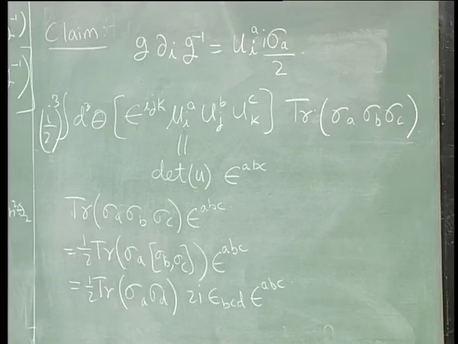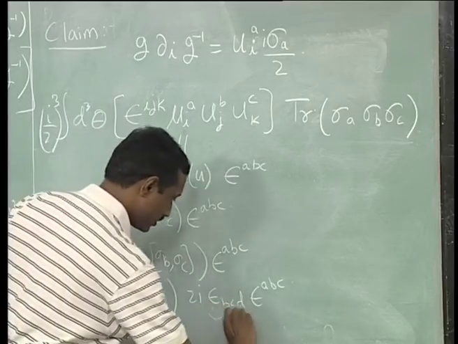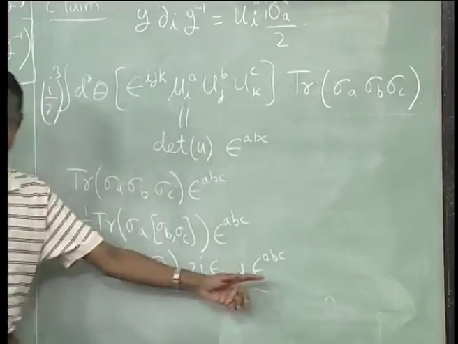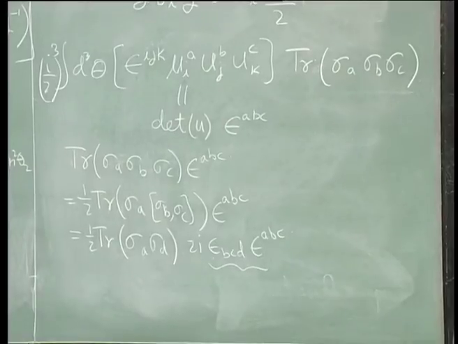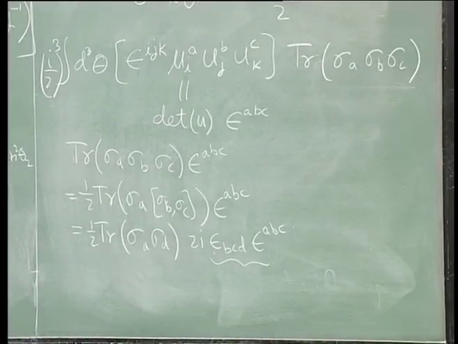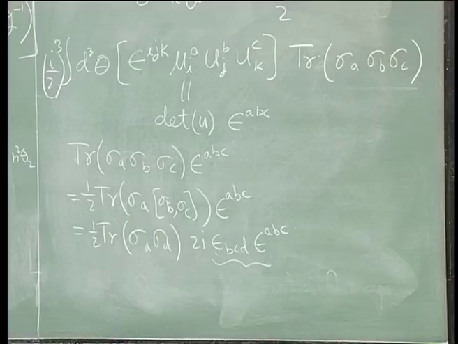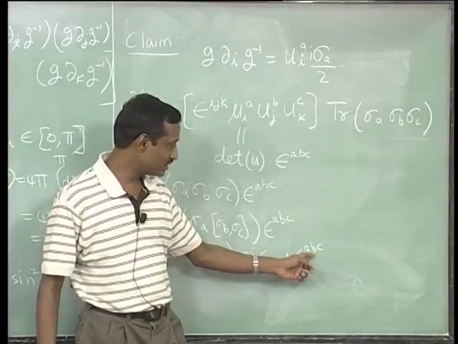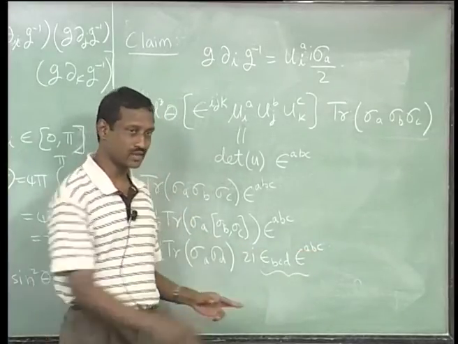Okay, and what is this? This is very easy to evaluate in the following sense. By cyclic permutation I can make it bca. So this will just be delta_ad with some factor, and we can find that factor by picking some value of c, say c to be 1, then the others can be 2 and 3. So this is just 2 times delta_ad.